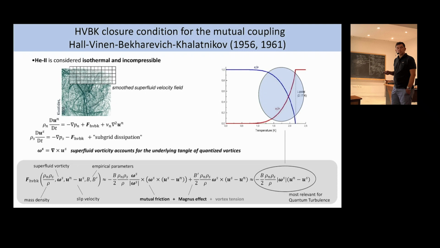The HVBK closure condition gives an expression for this coupling force. It depends on the mass density of the two components, on the superfluid vorticity, which accounts for the underlying quantized vortices, on the slip velocity, the velocity difference between the two components, and some empirical parameters. And it is made of several terms.